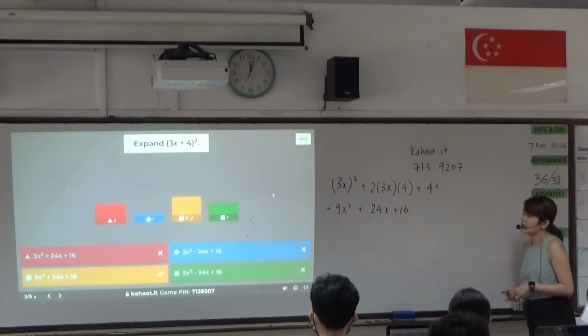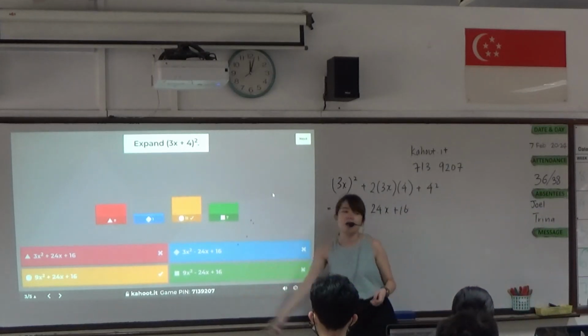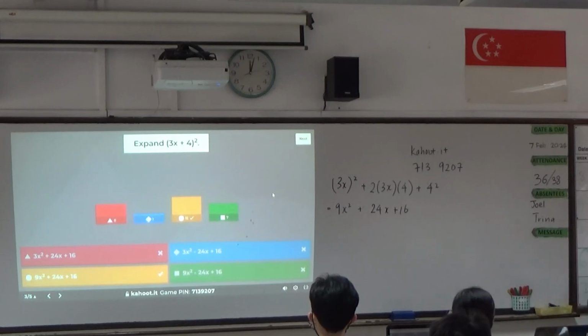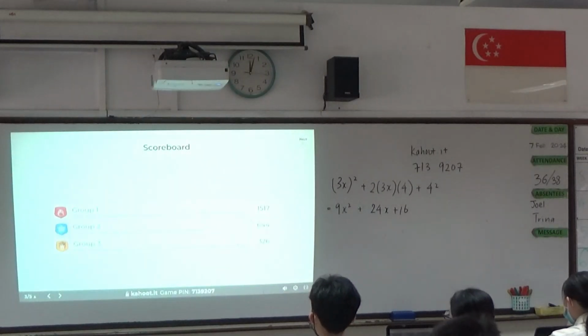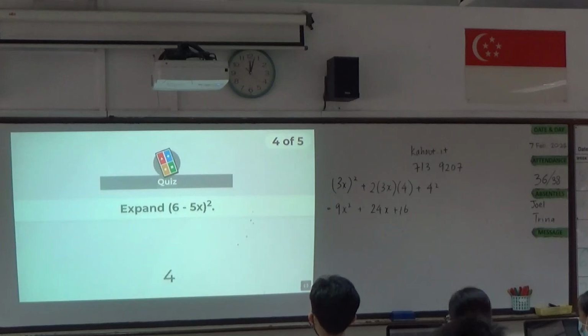Hence the answer should be the yellow one. If you chose the green, you were not careful in the operation. Second question, next one. Two more questions. So group 1 is still in the lead. Okay, moving on to the last question.